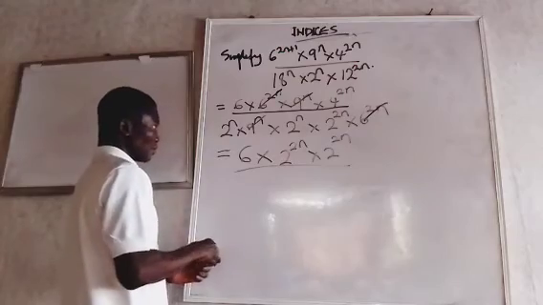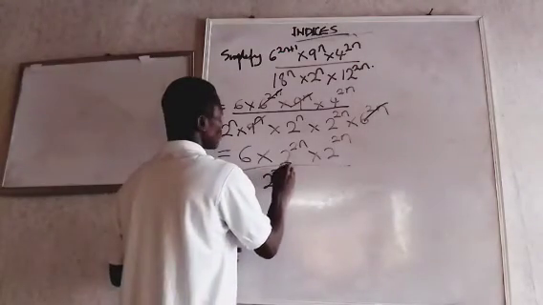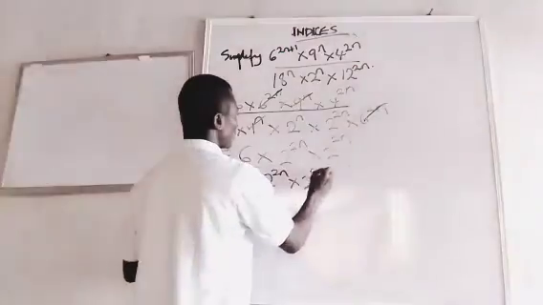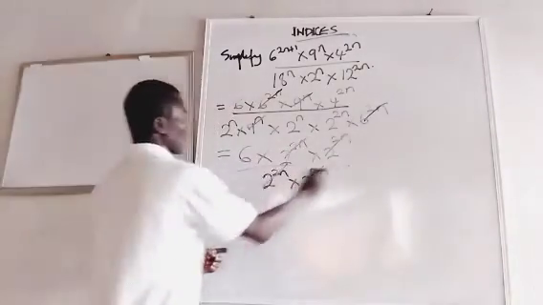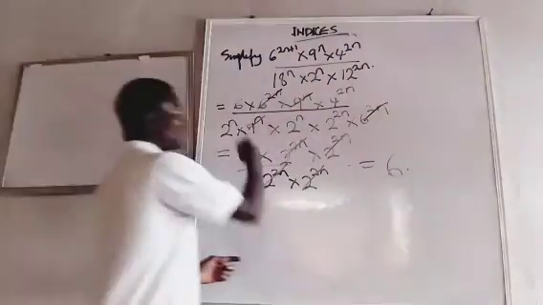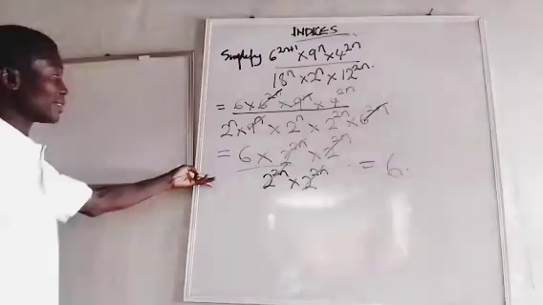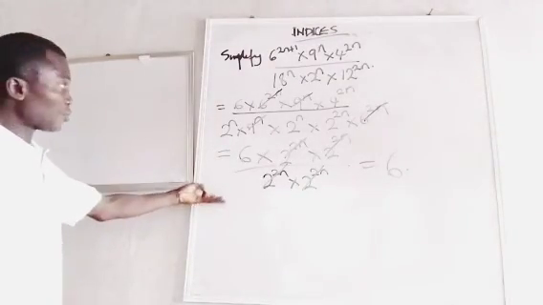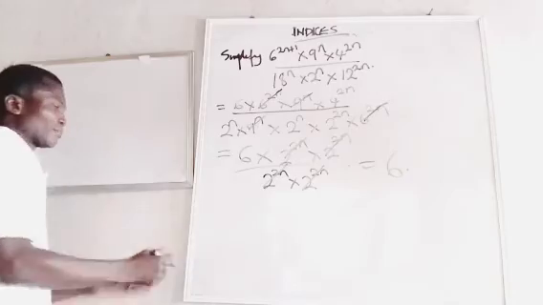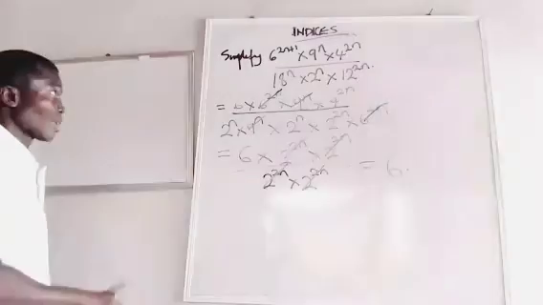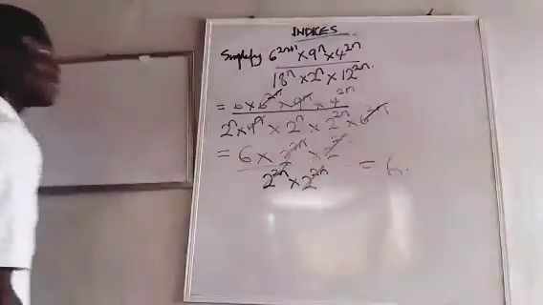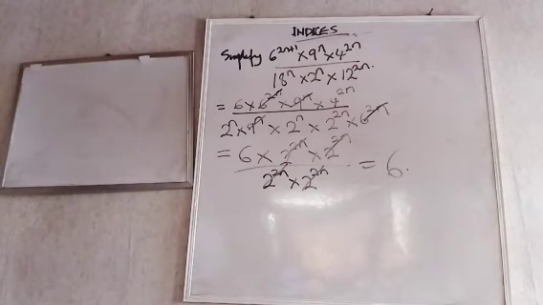That's going to give us 2 raised to power 2n times 2 raised to power 2n, and that gives us 6. So you can do it several ways by just thinking of how to make it fast. You can still break it further. It might take longer, it might take a shorter time. You can even look at it straight from the beginning and say, yeah, this is the answer. And you get it.